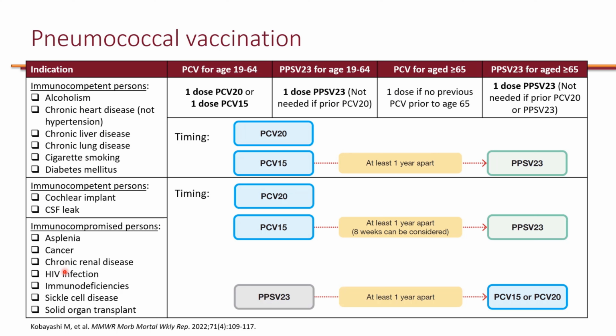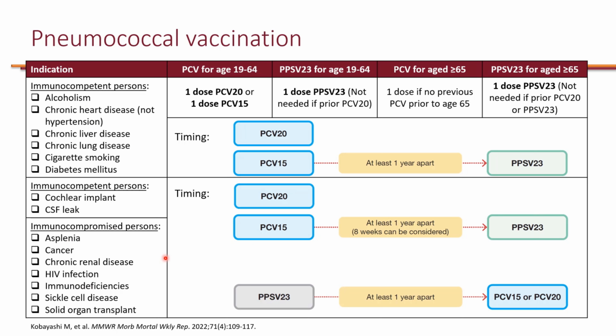But in the second group and the third group, because they are so high risk, you may consider not waiting for a year to give the PPSV23. You can shorten it to 8 weeks and give them PPSV23 if they got PCV15 in order to give them full coverage given their high risk conditions.